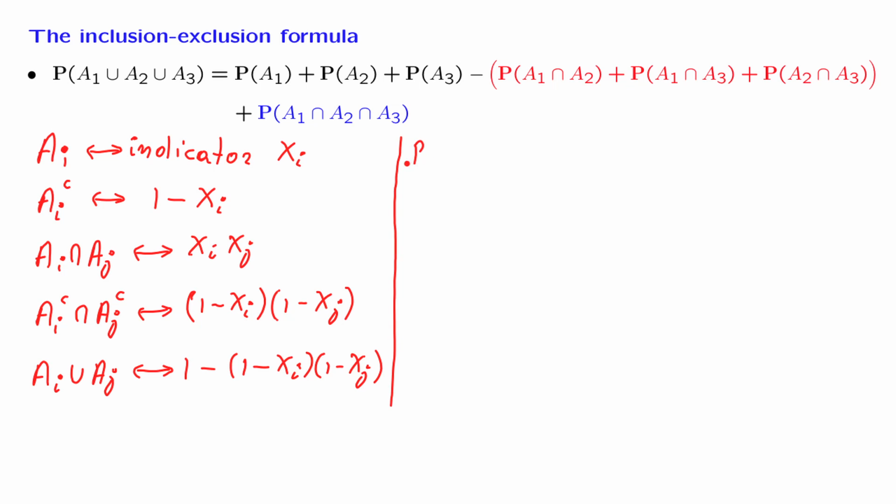We are interested in the probability that the outcome falls in the union of three sets. Now, an important fact to remember is that the probability of an event is the same as the expected value of the indicator of that event.